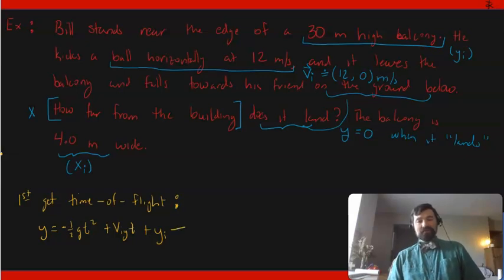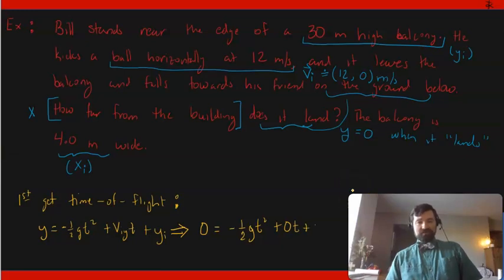If we plug in the numbers that we have, we know that it lands when y is 0, so we're saying 0 is equal to negative 1/2 g t squared plus, and our initial Vy is 0, so we have plus 0 times time, plus our initial height, which was 30 meters.